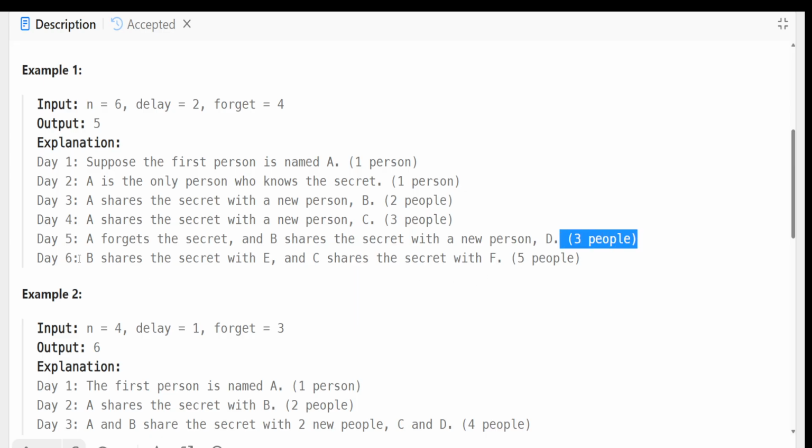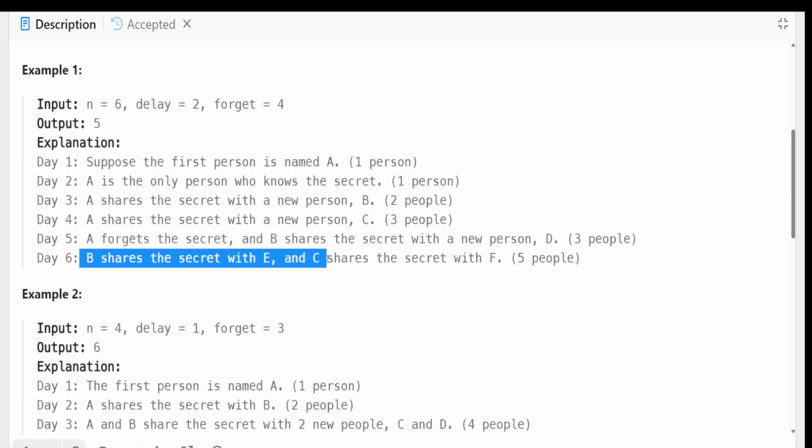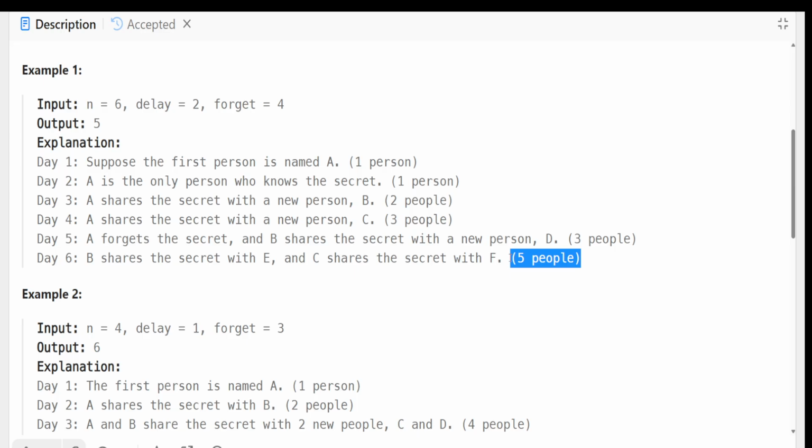At the last we share with E, E shares with F, and the number of people is 5. The intuition says that each day the number of new learners is equal to the number of past learners who are old enough to share but haven't forgotten yet.